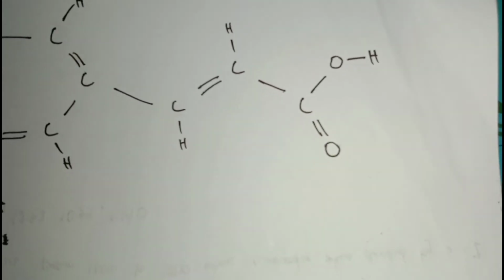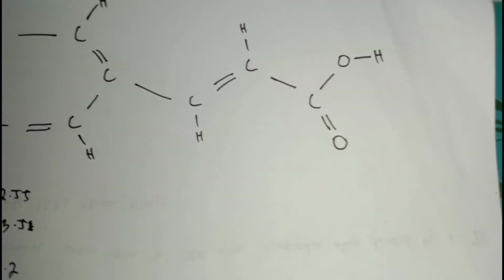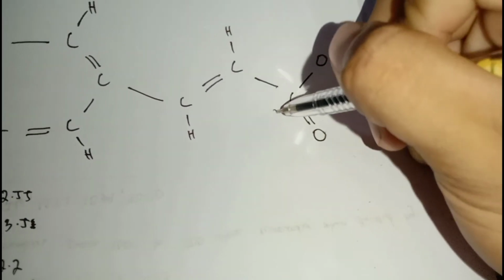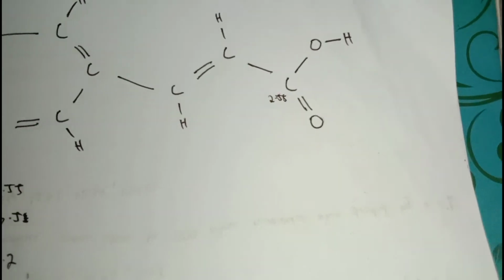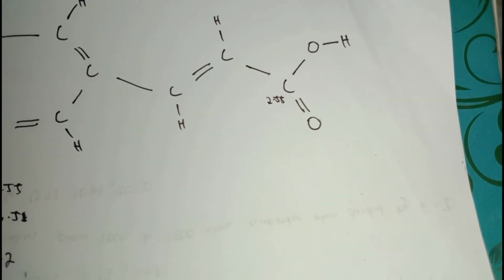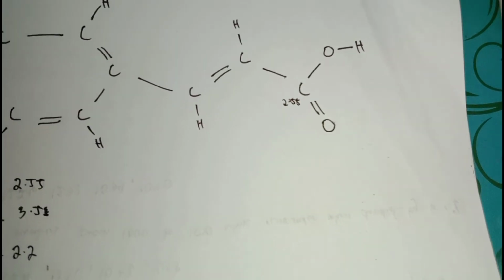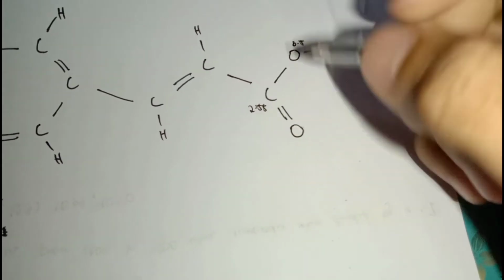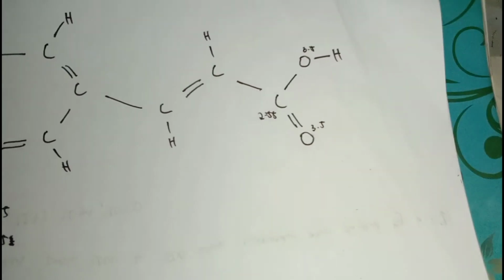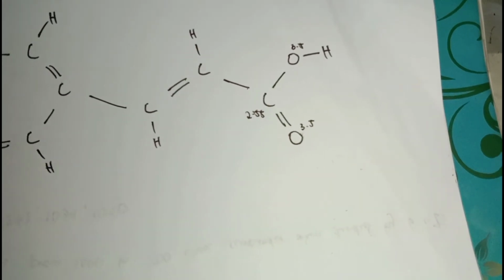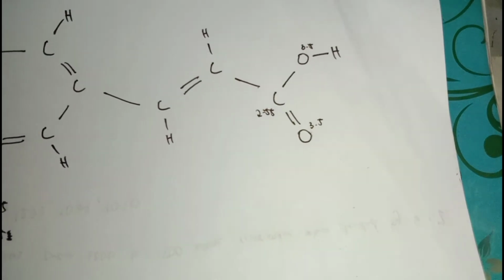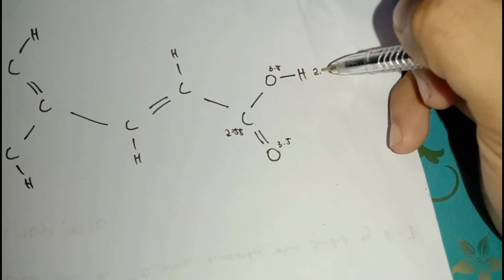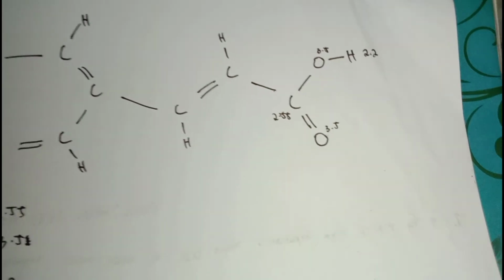Carbon has a 2.55 electronegativity, and oxygen has 3.5, both 3.5, and the hydrogen has 2.2.